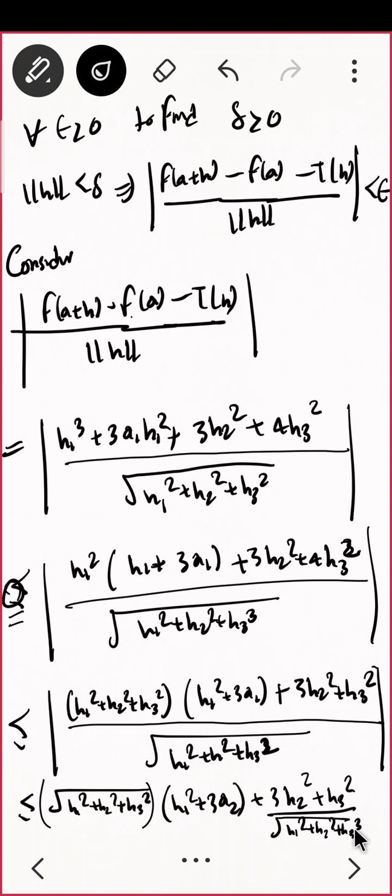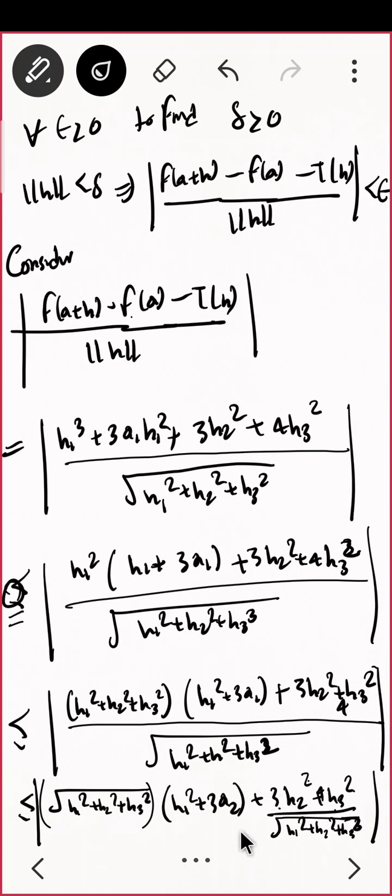What next? Yes, I want. Can I have? Can I put this less than or equal to 3h2 square, and this is, oh sorry, h3 with 4, wasn't it? This is 4h3. Correct. Can I write 4 in place of this 3, since I can take less than or equal to 4?